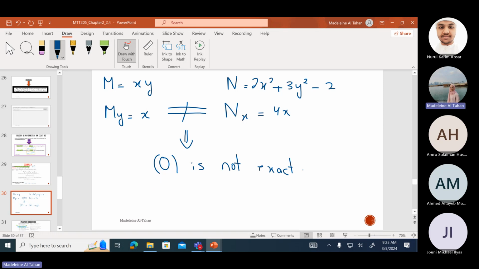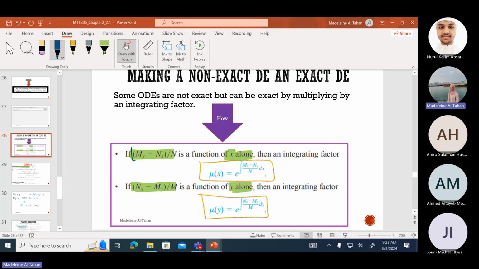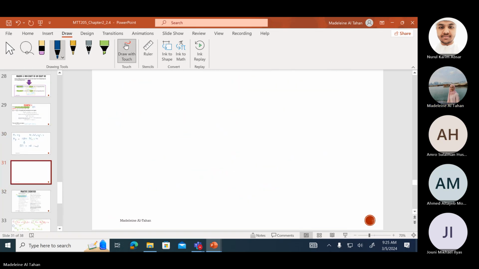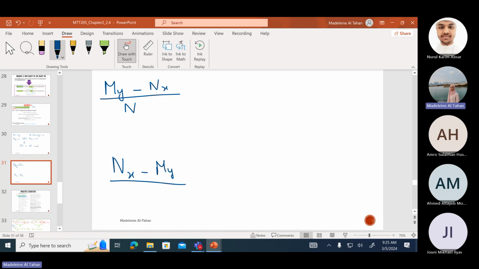So what do we need to find? (M_y minus N_x) over N, right? If this doesn't work, what do we need to find? (N_x minus M_y) over M. This should be in y and this should be in x.